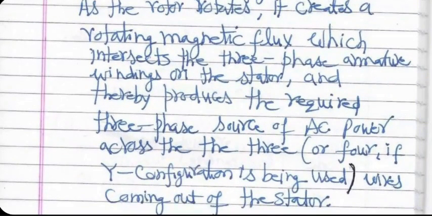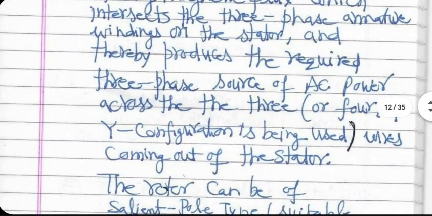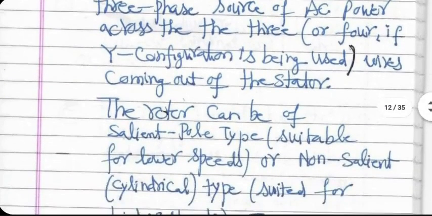AC power across the 3 or 4 windings can be connected to the rest of the world. 4 wires will be there in case of Y configuration. 3 wires will be there in case of delta configuration. Okay. The rest of the world will be connected to this stator. The rotor can be of salient pole types.